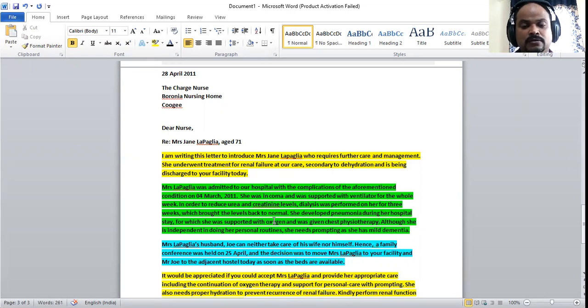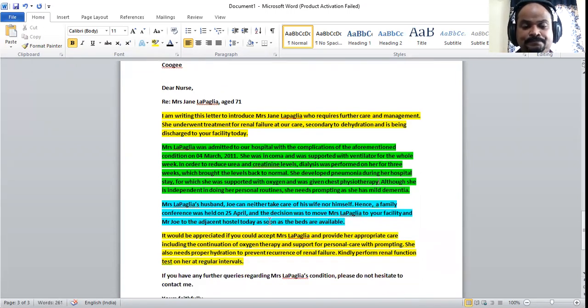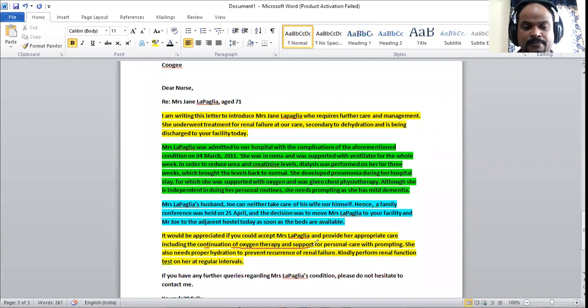So the thing is that we have written in the part here, continuation of oxygen therapy. So while in hospital, she was supported with oxygen, from the beginning till the end. How long I have given oxygen was not mentioned there.